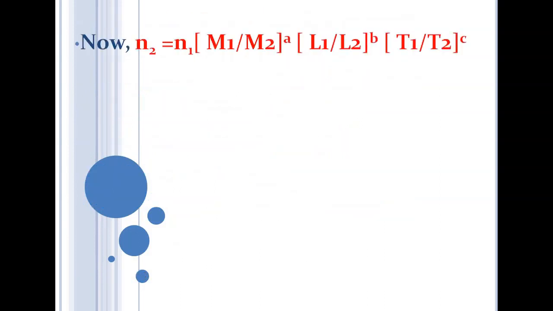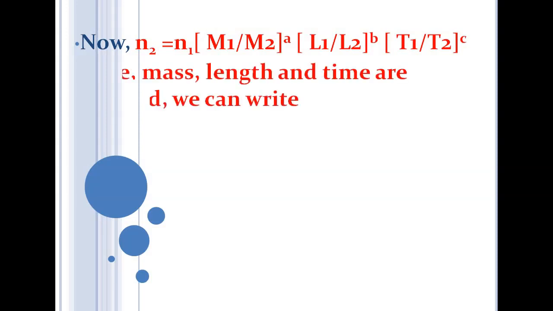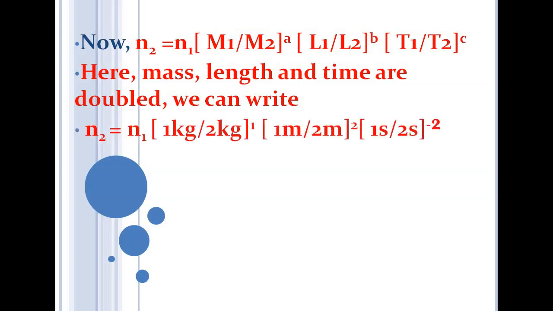Now we have to check whether there is any change in the numerical value. So use this formula: n2 equals n1 (M1 by M2) power a, (L1 by L2) power b, (T1 by T2) power c. The condition is mass, length and time are doubled. So just replace the values in the formula. Suppose m1 equals 1 kg.